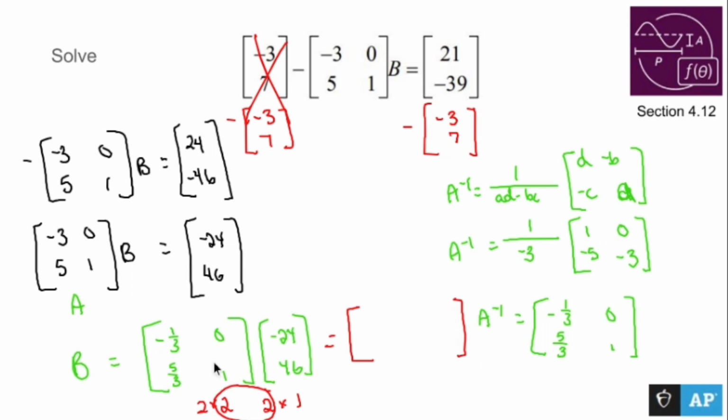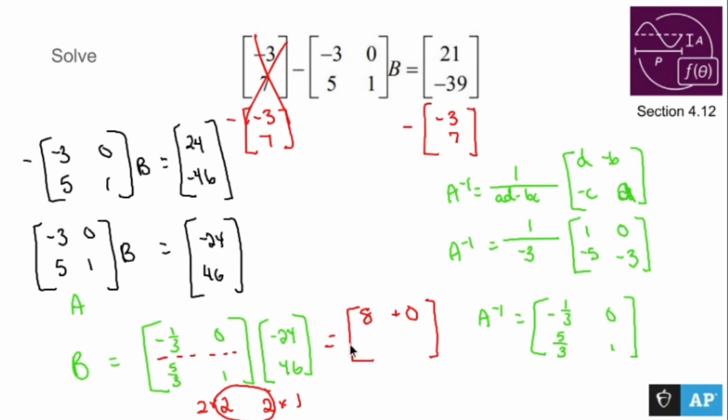So 2 rows, 1 column. Okay, negative 1/3 times negative 24 is basically the same thing as saying positive 24 divided by 3, which is 8. So I should split that to make it look better. Plus 0. That's good news. So let's scooch you over. 5/3 times negative 24 is essentially saying negative 24 divided by 3, which is negative 8.